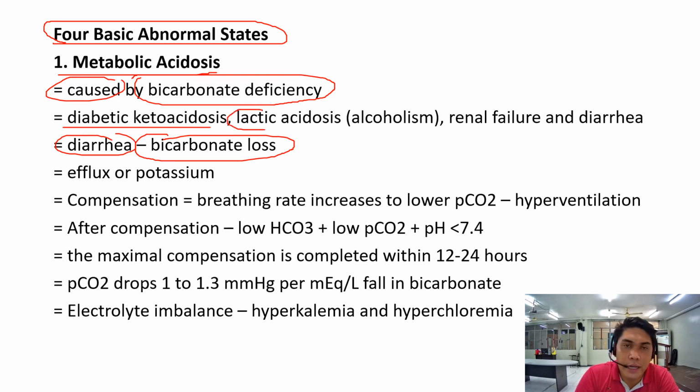For lactic acidosis, there's a buildup of lactate. For example, chronic alcoholism can cause metabolic acidosis because a chronic alcoholic has a damaged liver, or an injury to the liver.